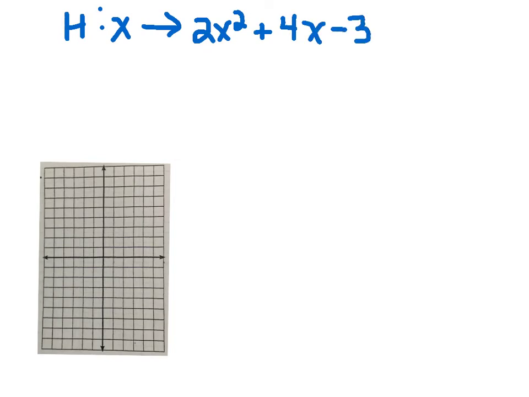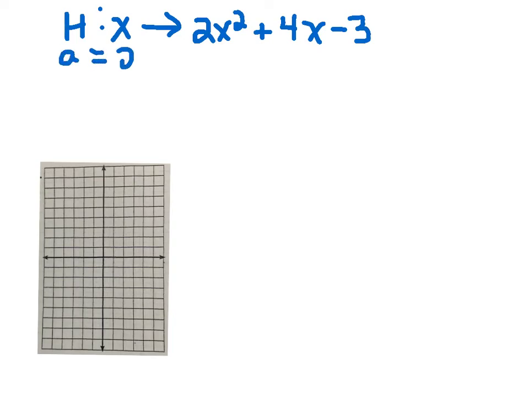Before I do anything, I can see that this is a smiler, and so it's going to have a least value, and from there we will figure out how to graph other things, beginning with the vertex.